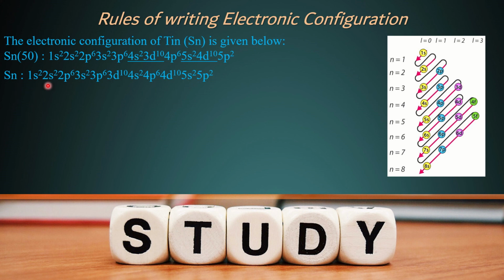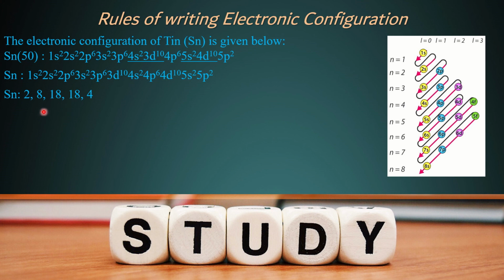From there you can also write the electrons present in different shells. In the first shell there are 2 electrons, in the second shell 8 electrons, in the third shell 6 plus 2 plus 10, total 18 electrons. In the fourth shell there are also 18 electrons, and in the fifth shell there are 4 electrons. So this is also the electronic configuration showing the number of electrons in different shells.